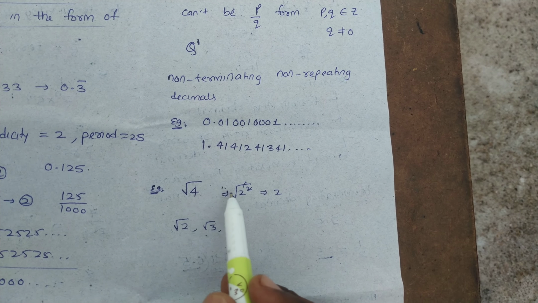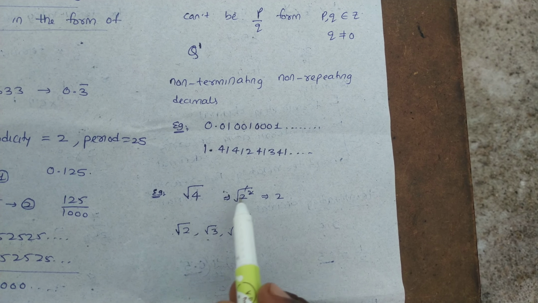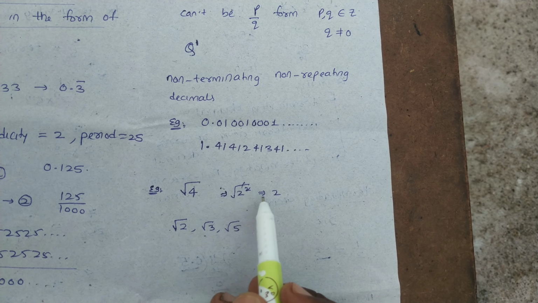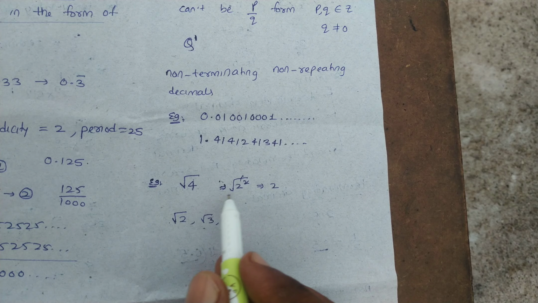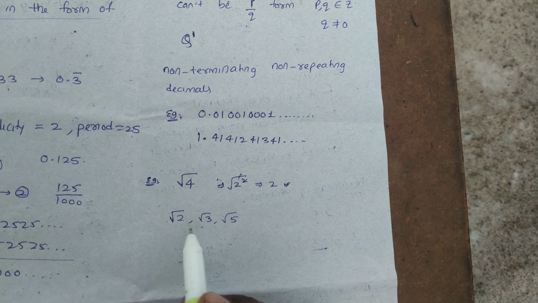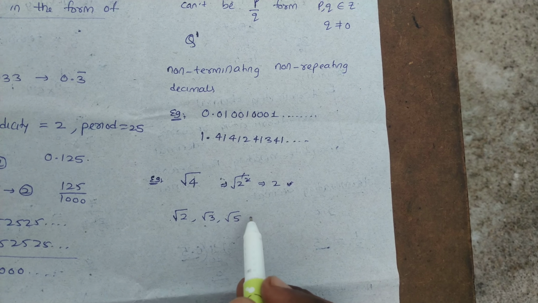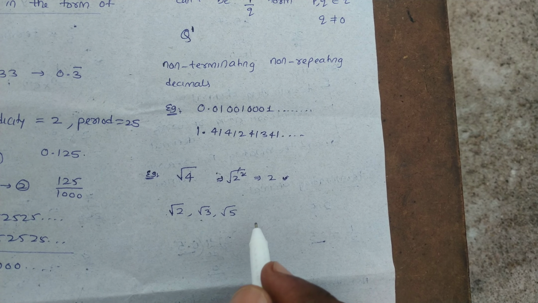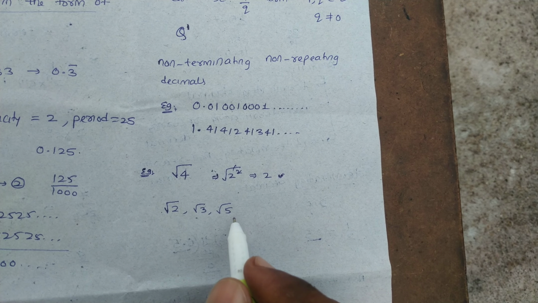Root 4 is not an irrational number because it has a perfect square. 4 is a perfect square, 2 squared, and the root and square get cancelled. So this will not come under irrational numbers. But here, root 2, root 3, root 5 are not perfect squares, so they come under irrational numbers.